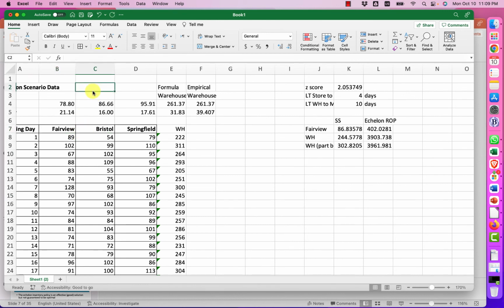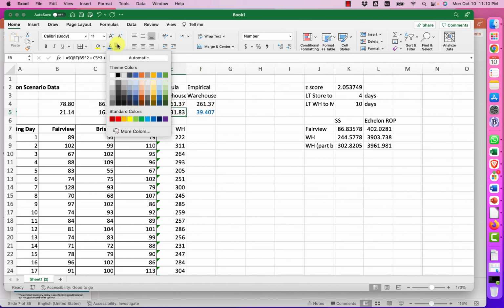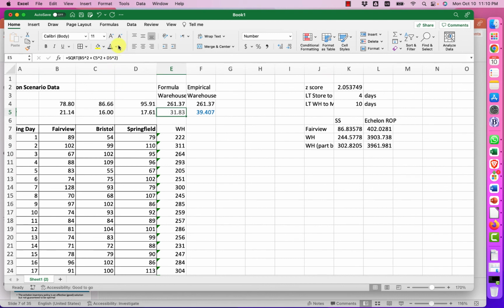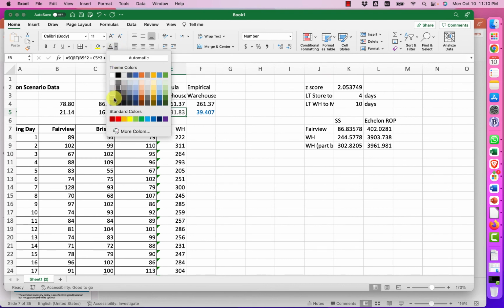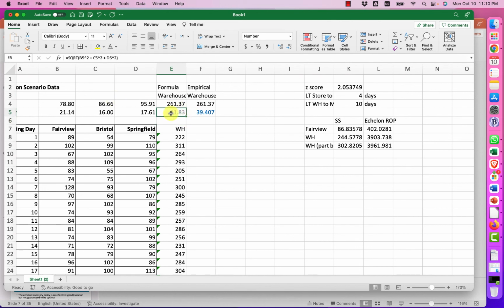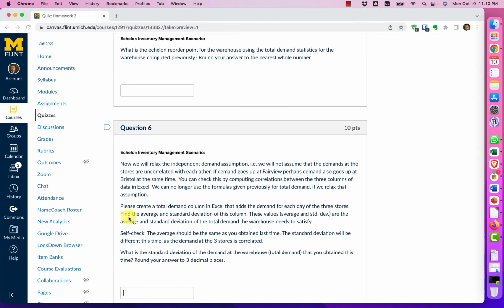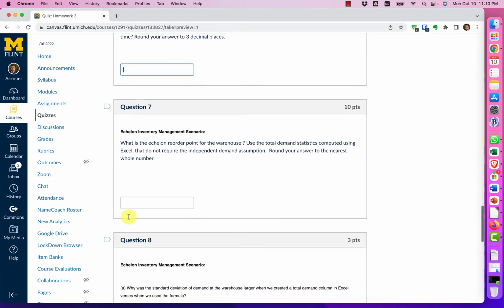The demand in the two regions is not independent, and we can see that from the correlation, which is what's being captured here. So this is the better option, and this is the not so good option, because this one assumes demand is independent. Okay, so we have the reorder point for that.